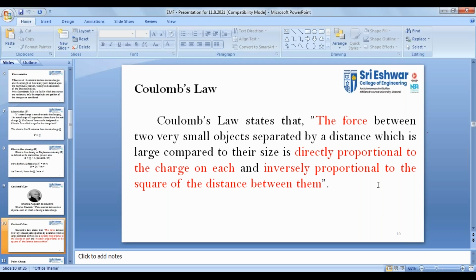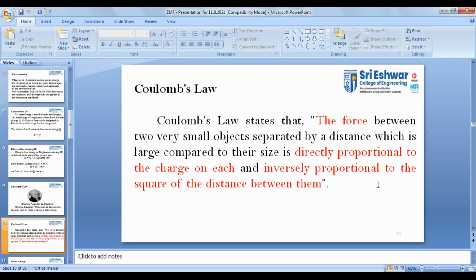Do you understand? I have two small objects which are separated by a long distance. The point is that the size of the object is very small when compared with the distance separated. If that is the case, Coulomb's law is applicable, and he stated that for such a geometry, the force will be directly proportional to the charge on each.